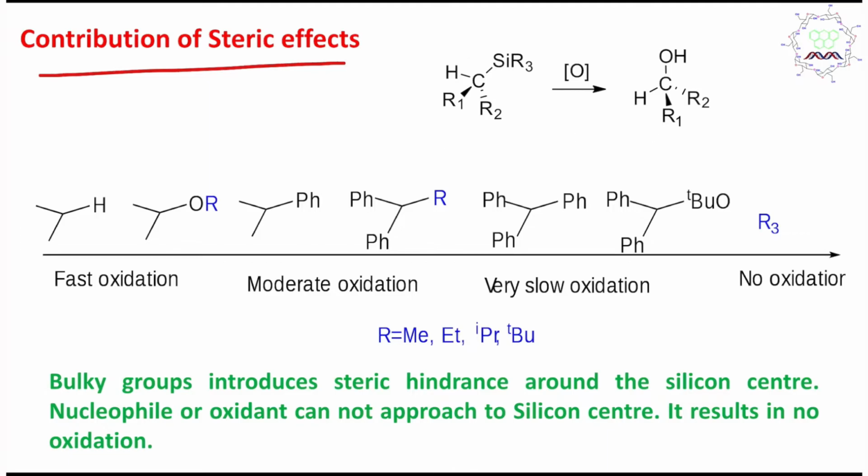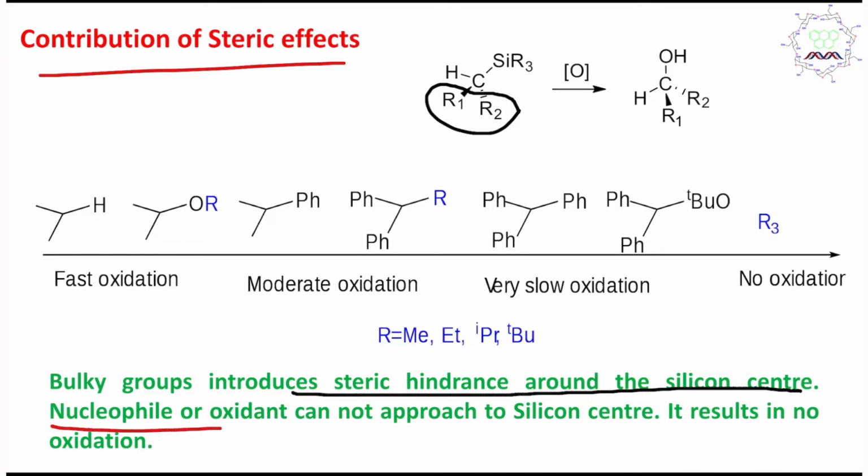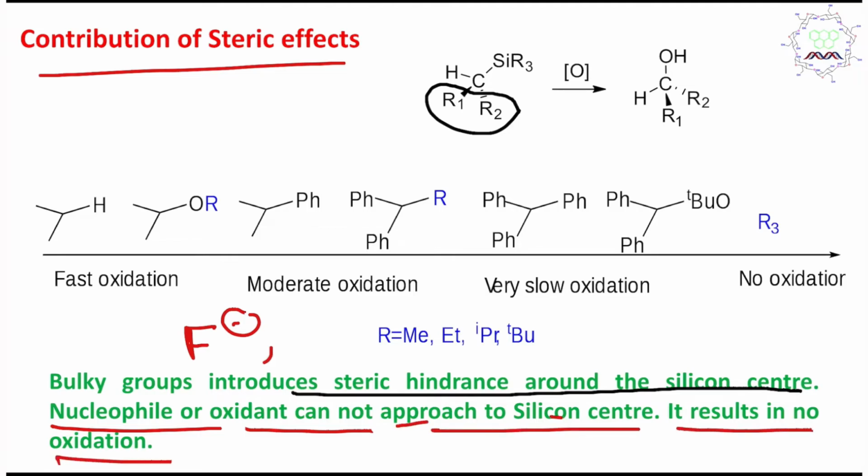See, if these three R groups attached to this silicon are too big, these bulky groups will introduce steric hindrance around the silicon center, and that's why the nucleophile or oxidant, for example either fluoride or hydrogen peroxide or m-CPBA, cannot approach the silicon center, and it results in no oxidation. So student, please remember, this bulkiness is also important.